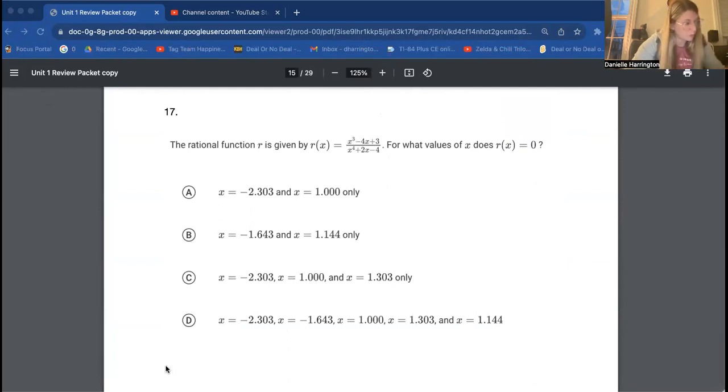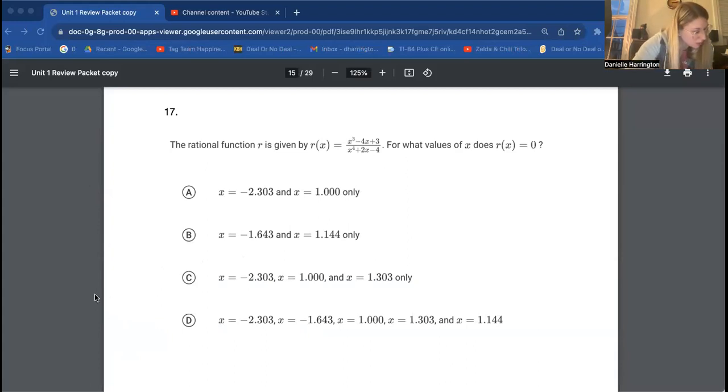So all I would type in is x to the third minus 4x. I keep hitting the wrong button. Whoops. Plus 3. And I close my parentheses. That's so important. You have to be very, very diligent about that placement.